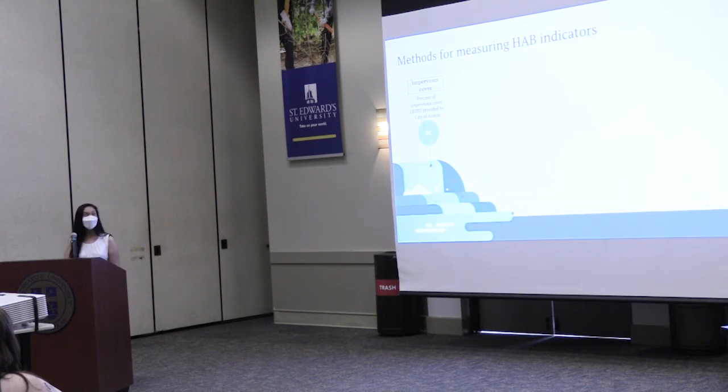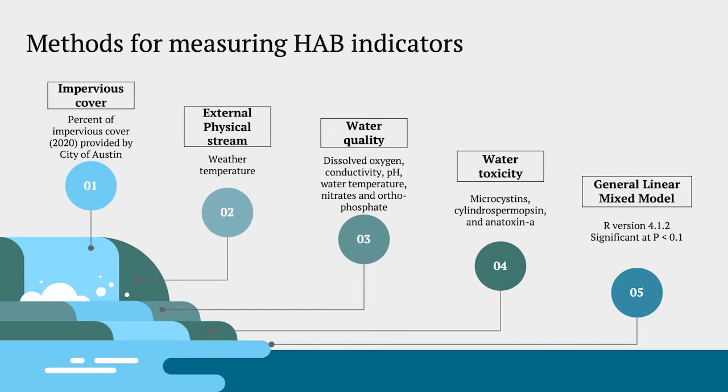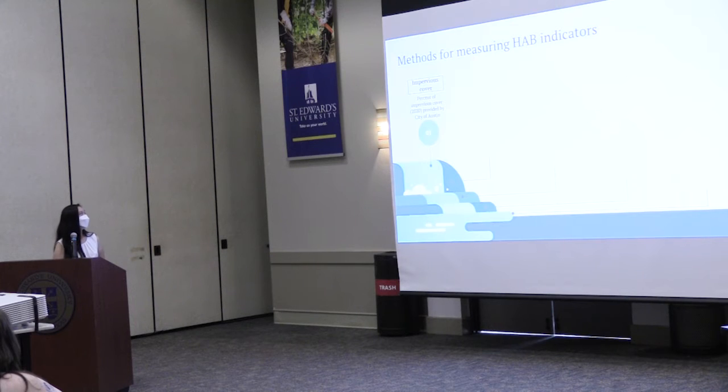For the methods of measuring harmful algae bloom indicators, I looked at impervious cover. This data was provided by the city of Austin for the year 2020, and I used it to determine if we could use percent impervious cover as a proxy for urban development or the creek types.